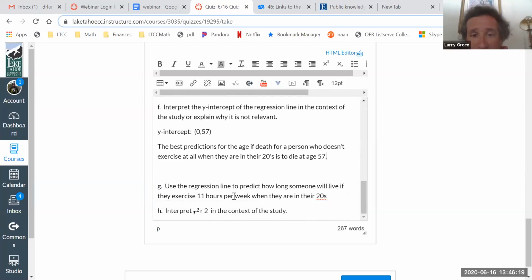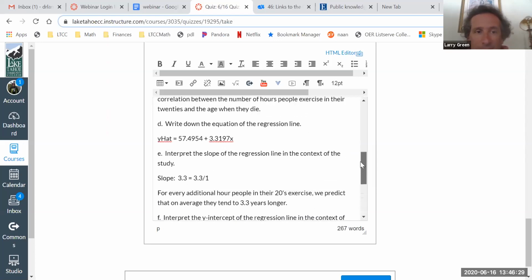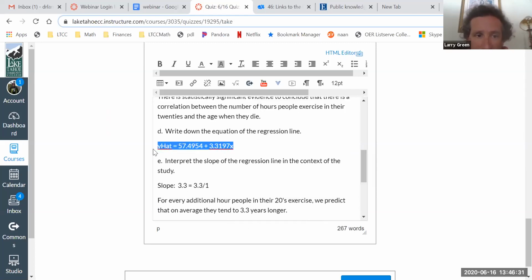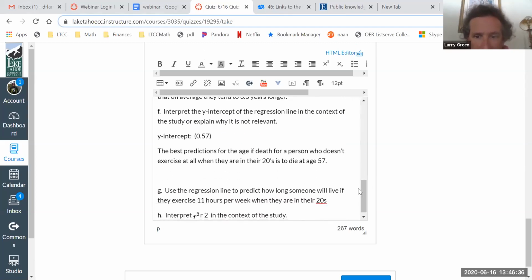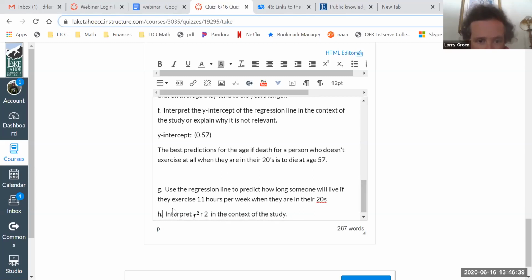Okay, now use a regression line to predict how long someone will live if they exercise 11 hours per week when they're in their 20s. So it's supposed to be pretty easy. The hint is, here's our regression line. Let me copy and paste it because we're going to need it. So what do we do? The hint is it's easy.